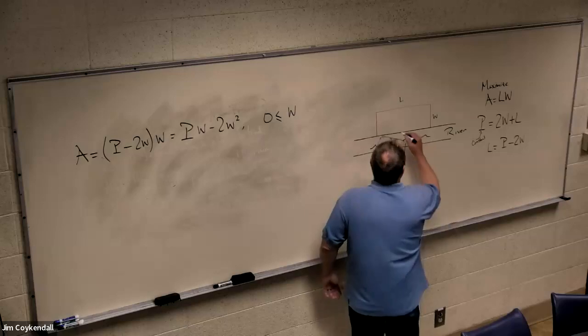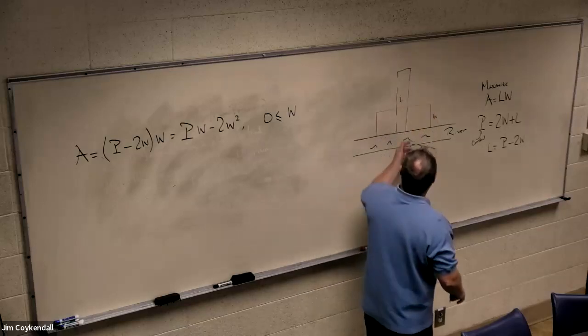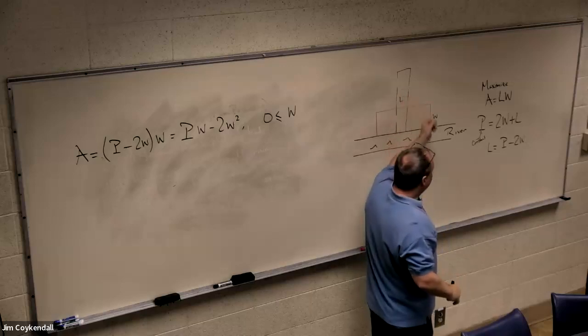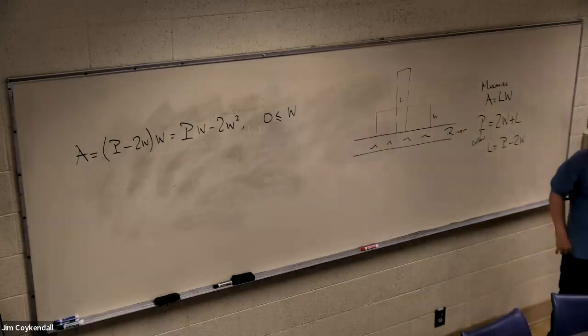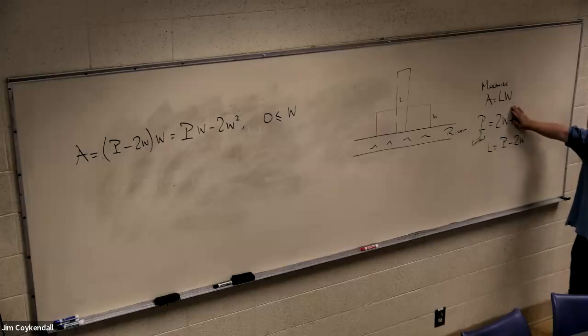So imagine he sort of exaggerates here. As he varies this, making L smaller and smaller, what's the extreme value for L? He can make it 0. And now what's W? P over 2.